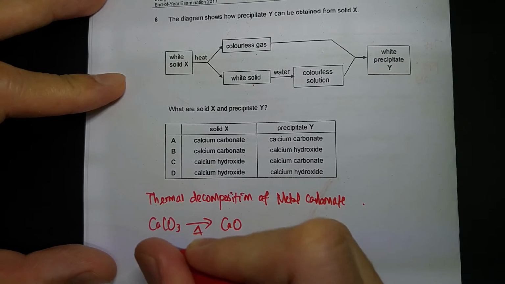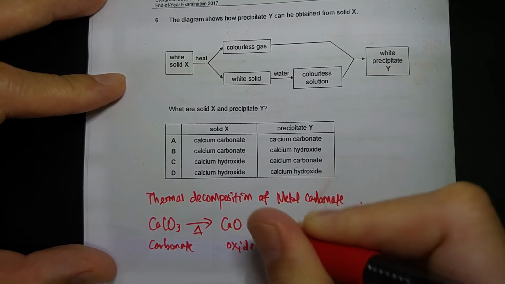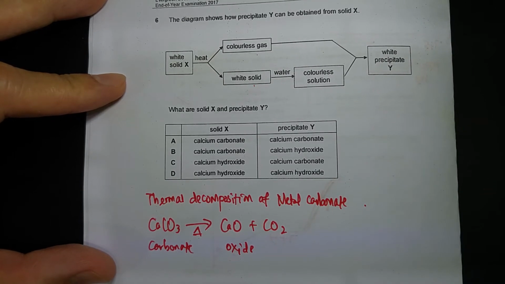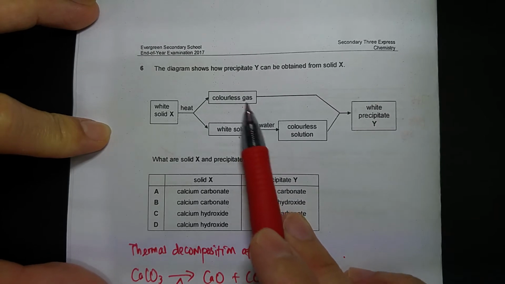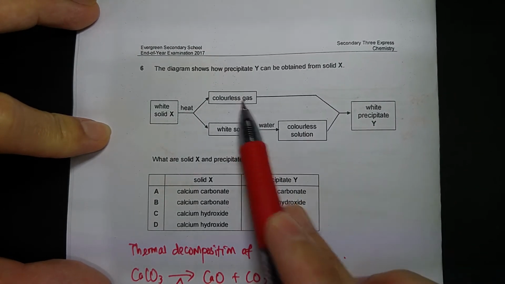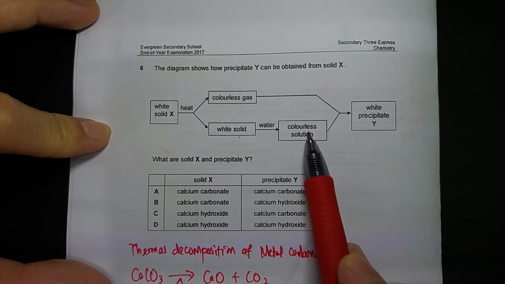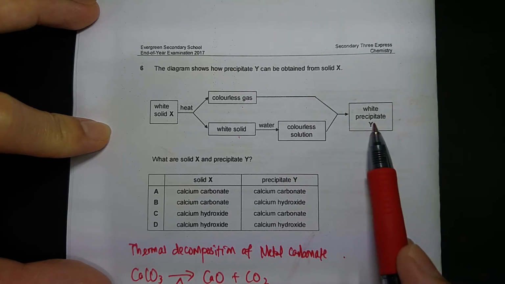This is a carbonate, this is an oxide, plus carbon dioxide. Over here you can see a colorless gas, so this colorless gas must be carbon dioxide, and then the colorless gas combined with this colorless solution becomes a white precipitate.